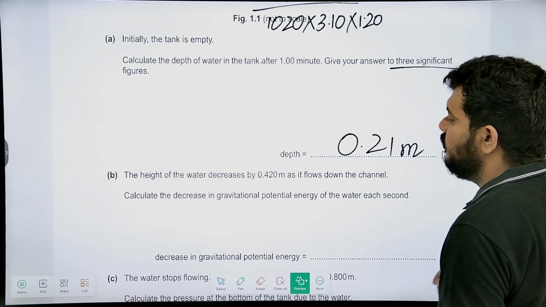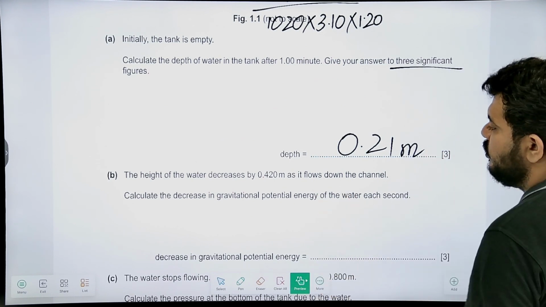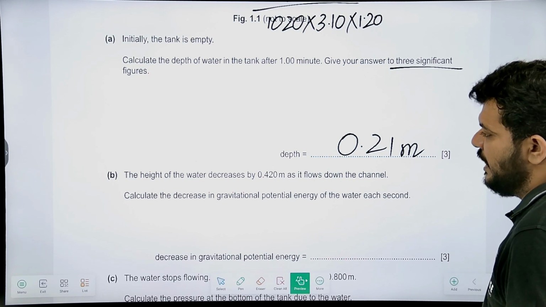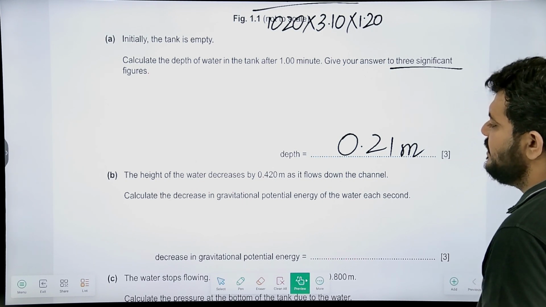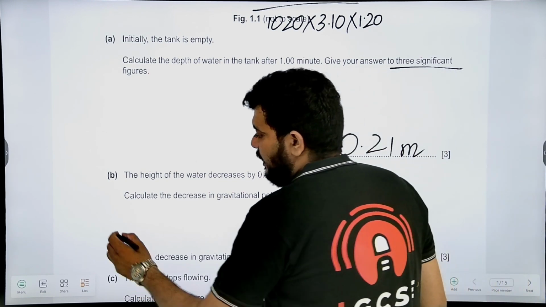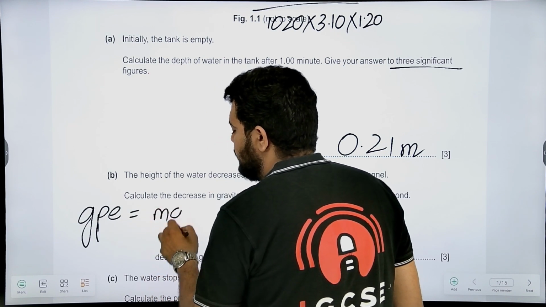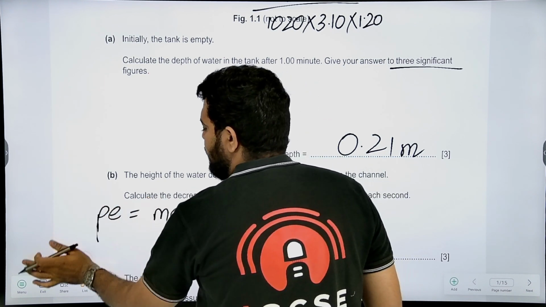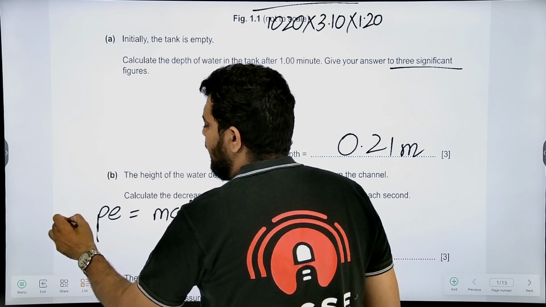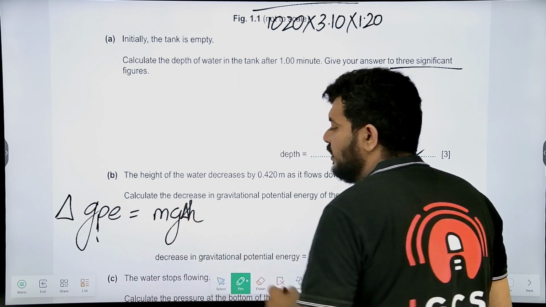The height of the water decreases by 0.420 meter as it flows down the channel. Calculate the decrease in gravitational potential energy of water each second. Now, I know that gravitational potential energy is equal to mgh, and I can say that the change in gravitational potential energy is equal to the change in height.